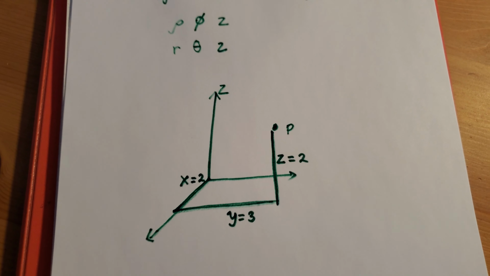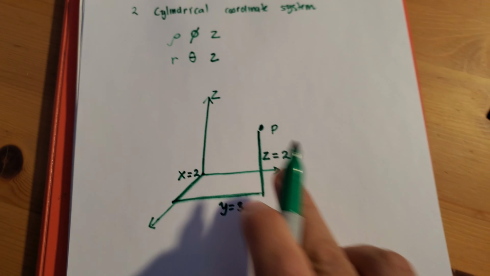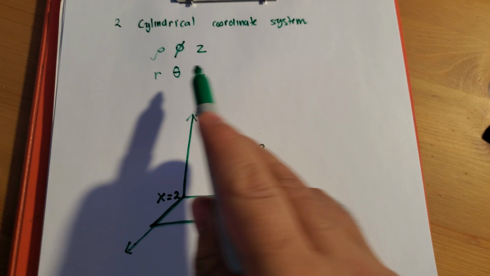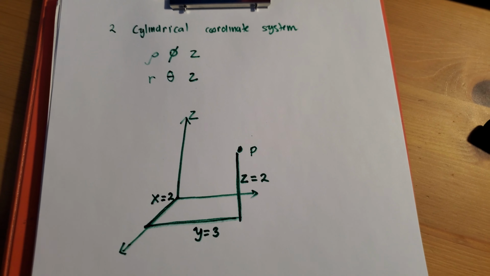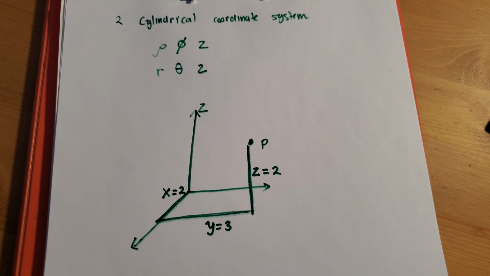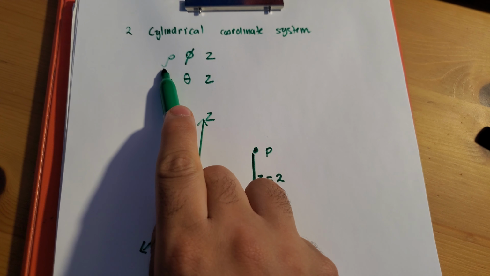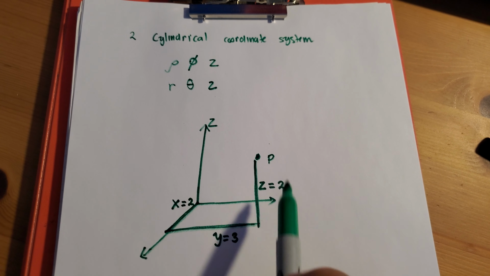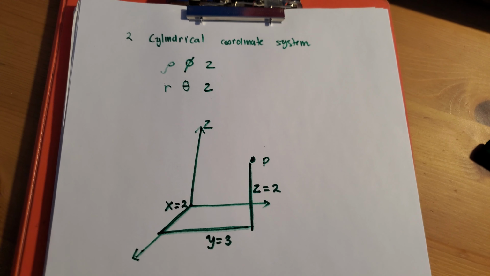Now, how do we get there in a cylindrical coordinate system, right? The z is exactly the same because that doesn't change. But now we have a rho and a phi, right? A rho just means what is the distance to that point if you don't worry about the height, right?